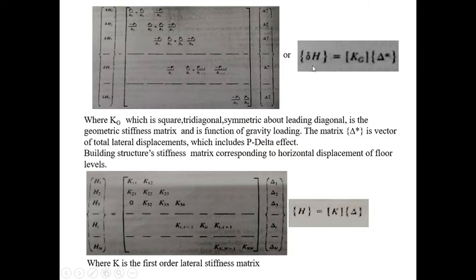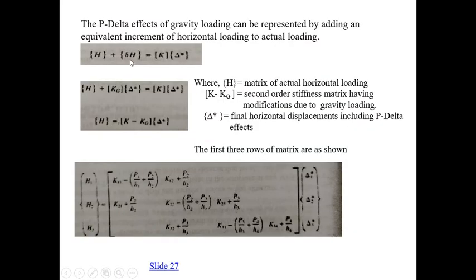Now what is the delta H equation? Kg into delta star. So again substitute the value of delta H here. You will be getting matrix H plus matrix Kg into matrix delta star is equal to matrix K into matrix delta star. So when you rearrange this term, you will be getting the horizontal loading matrix H is equal to K minus Kg into delta star.